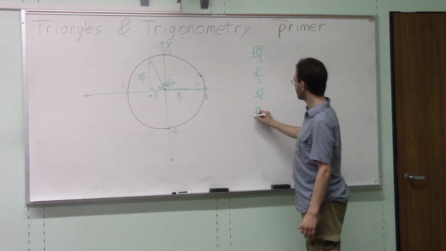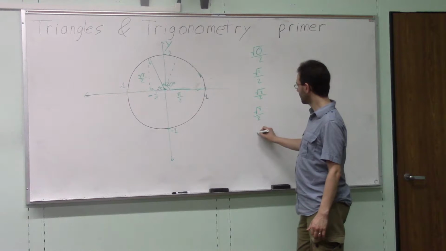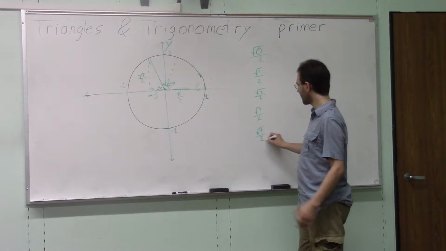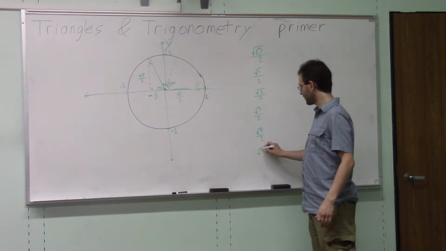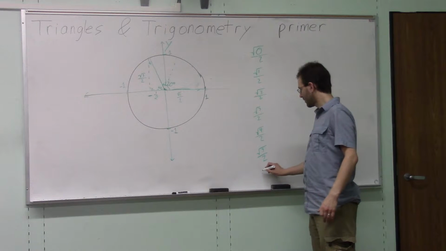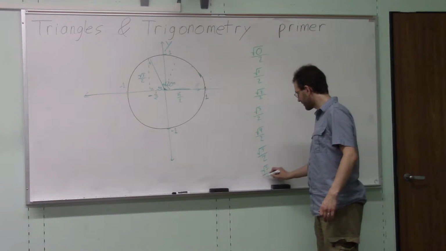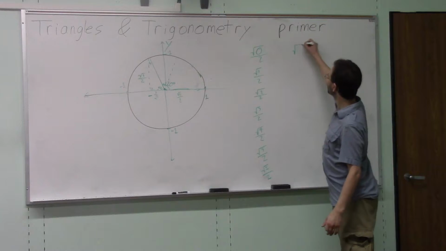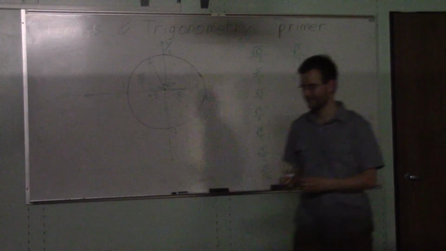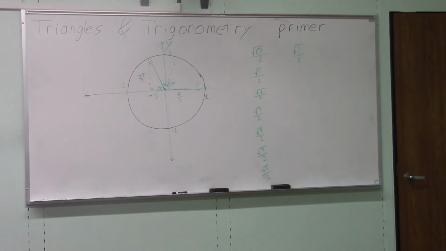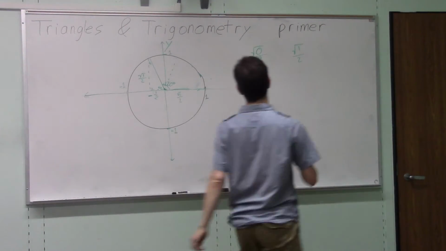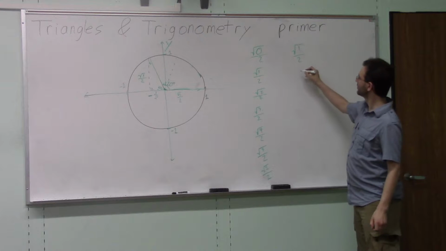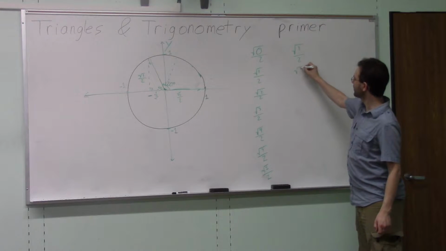Root 3 over 2. Root 4 over 2. And then they come back down. Root 3 over 2. Root 2 over 2. Root 1 over 2. Root 1 over 2. Root 0 over 2.